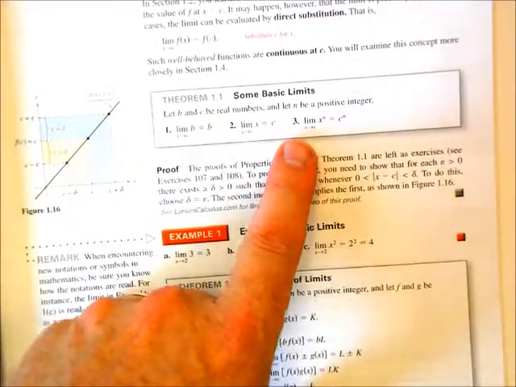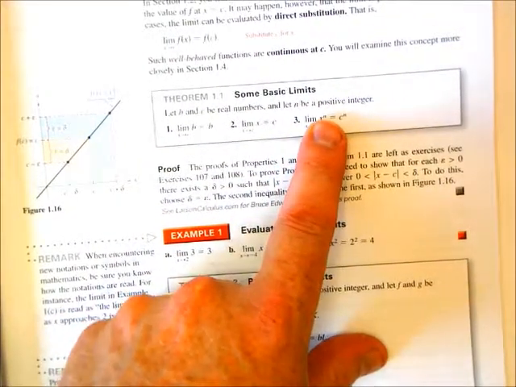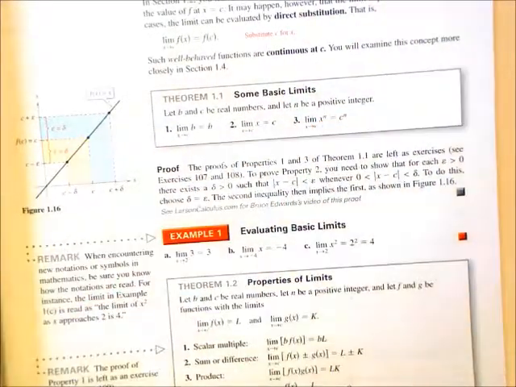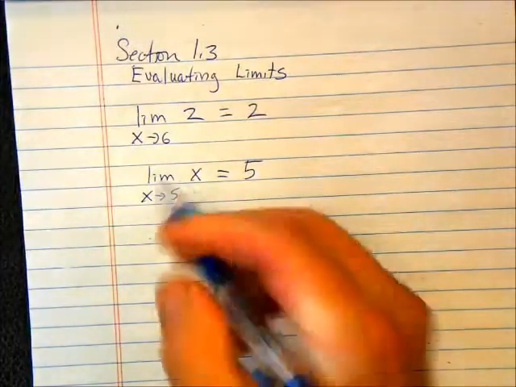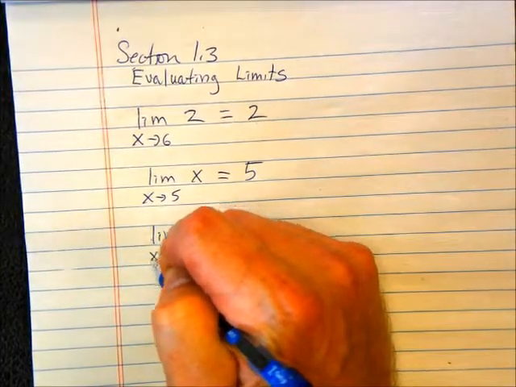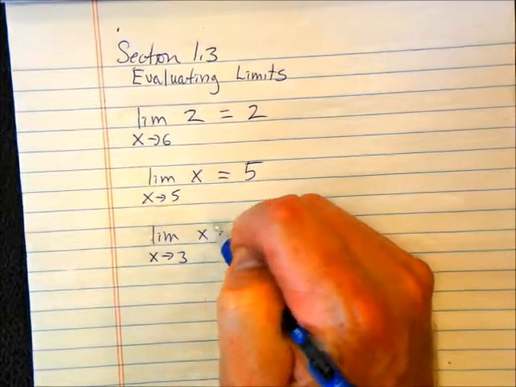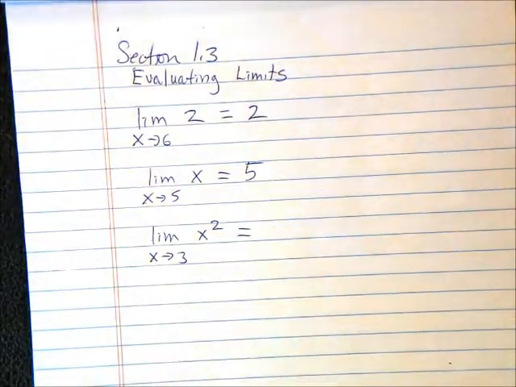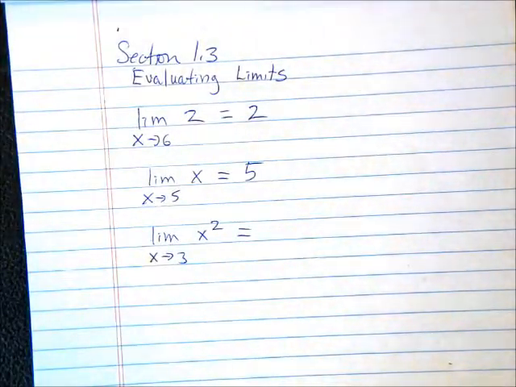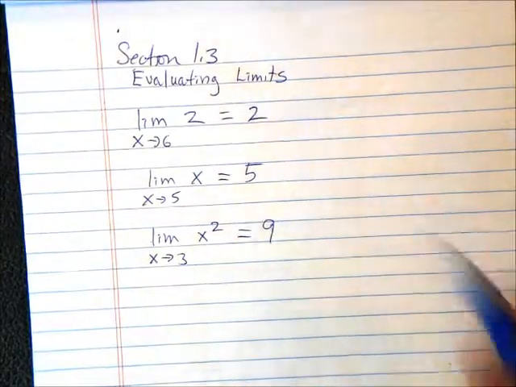Third one says, same thing happens if you have x to a power. So if I had the limit as x goes to 3 of x squared, when x gets close to 3, what's x squared going to get close to? 9, right? Because 3 squared happens to be 9. So that's all that one's saying.